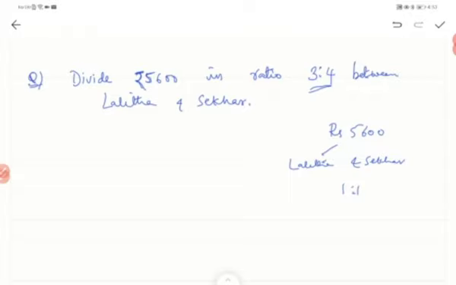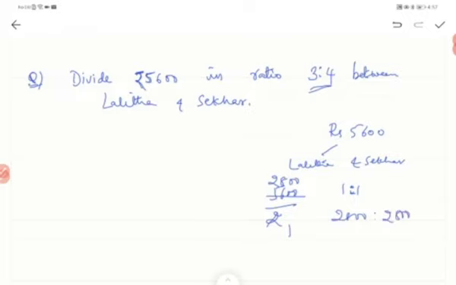When I'm saying divide equally between them, the ratio will be 1 is to 1. So now what will you do? You will do 5,600 divided by 2, isn't it? 2 ones are 2, 2 twos are 4, 2 eights are 16. So for each you will give 2,800.